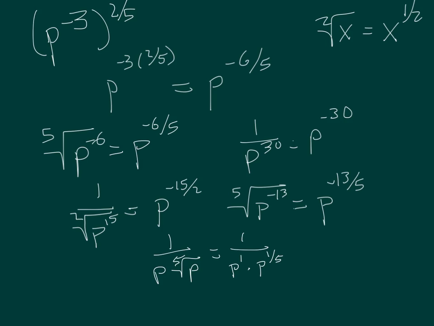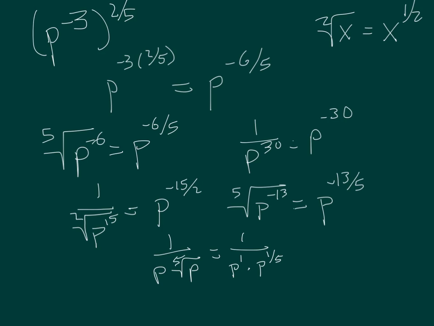Converting that radical to an exponent would be p to the 1/5. When you're multiplying like bases, what do you do with the exponents? You don't multiply the exponents, you add them.